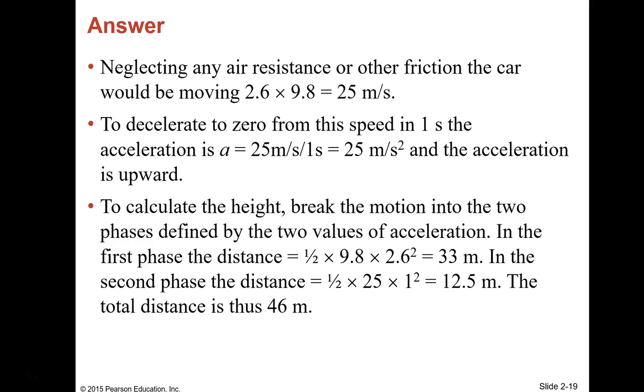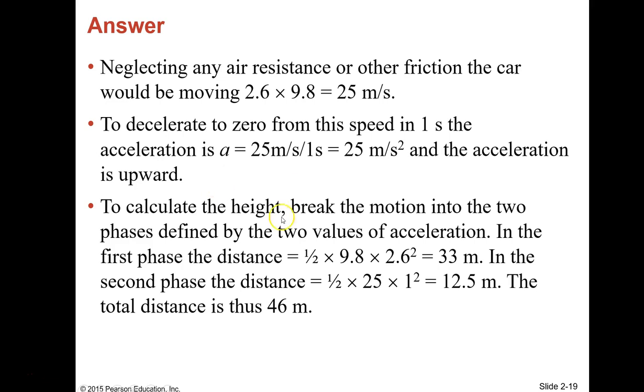Okay, so to decelerate from 25 meters per second to 0 in 1 second means the acceleration is 25 meters per second squared upward. So the brakes have to apply 25 meters per second squared to stop it.